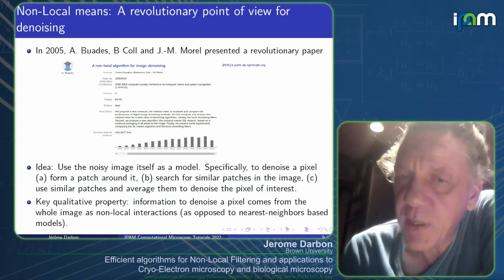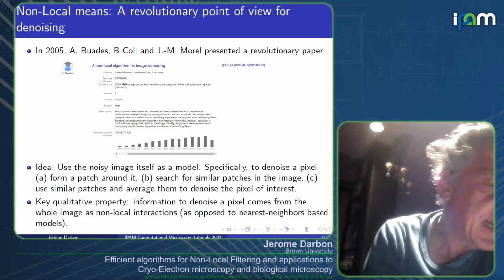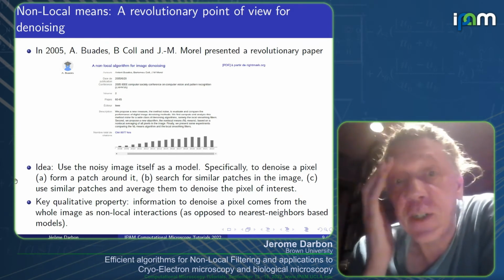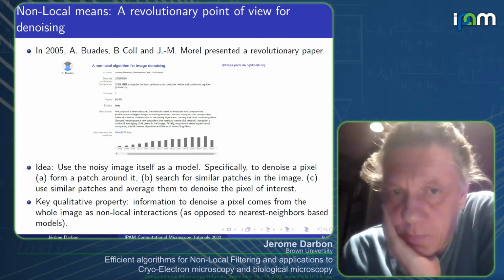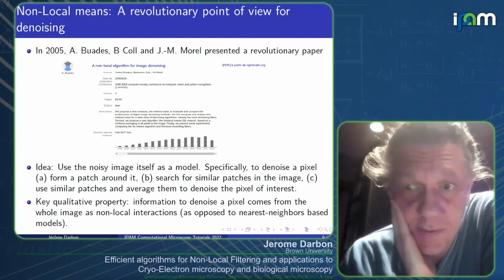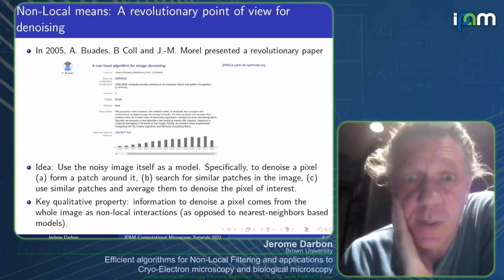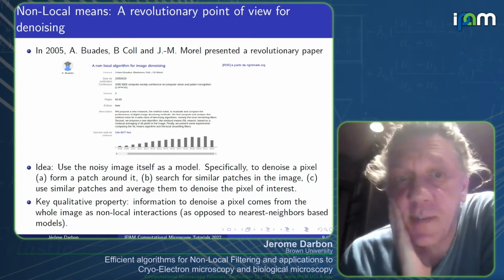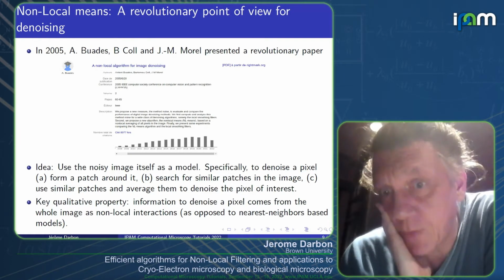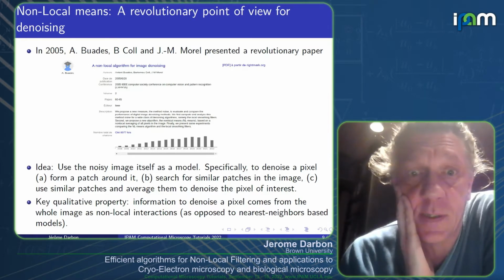And the idea is pretty simple, and it works as follows. You select a pixel that you want to denoise, you form a little patch around it, then in that same image, you search for similar patches, and once you have found several of those, you simply do the average of those pixels to denoise the pixel of interest.